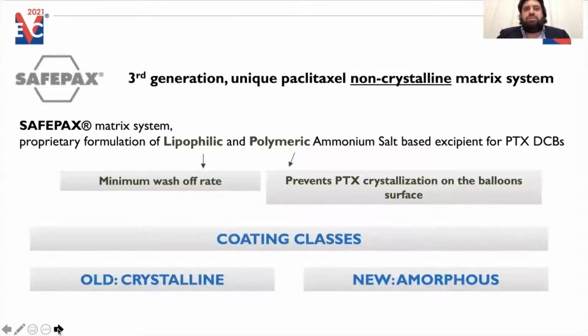It is a third generation non-crystalline matrix system based on a polymeric ammonium salt excipient for paclitaxel. The system provides an amorphous coating that prevents the crystallization of paclitaxel on the surface of the balloon and minimizes the drug loss during manipulation, navigation, and inflation of the balloon.